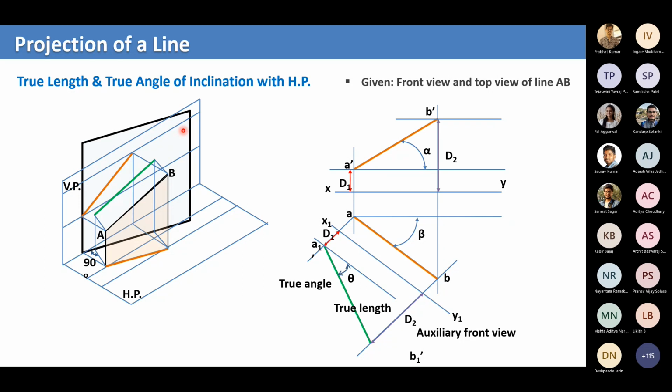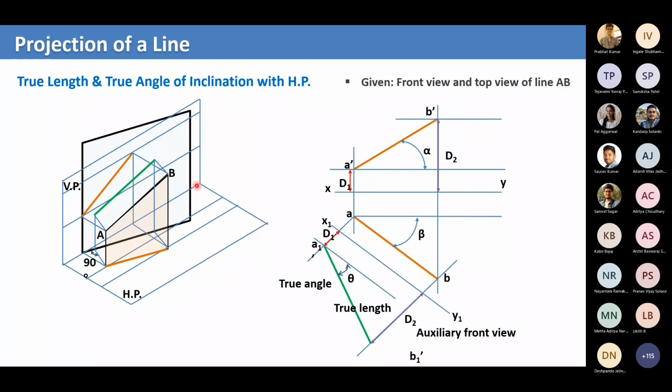As soon as I say auxiliary vertical plane, it should be perpendicular to HP and at a certain angle to VP. This highlighted black one is the auxiliary vertical plane we are seeing. Now we want to take the projections. We'll see why only this is the auxiliary vertical plane, and why not some other angle.